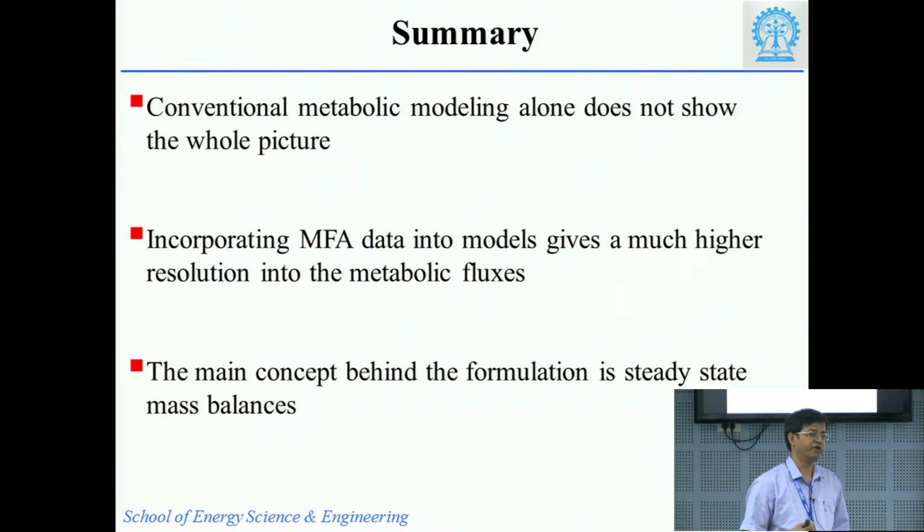Many experimental biologists have characterized different unknown organisms by this procedure, where you consider a very small network. You may not consider the whole genome scale network or a central metabolic network; you can consider a very small subset of the network, and then you fit the data. If the fitting is good, then you say that whatever pathway you have chosen is correct, otherwise you change the pathway to fit the data, and this is where you can actually build the accurate model.